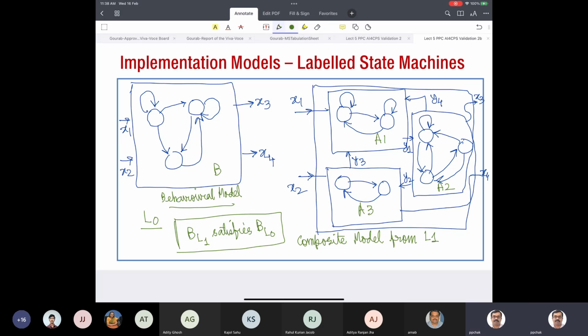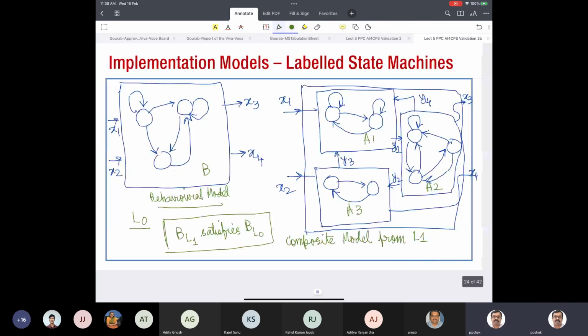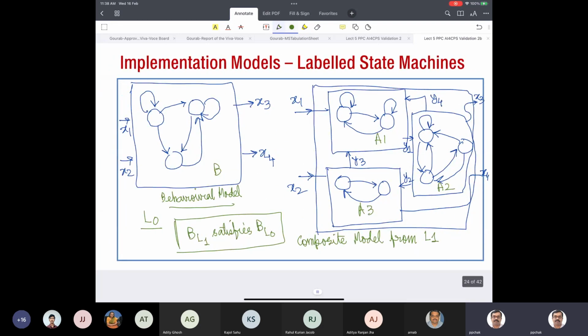Then what is the implementation verification problem? It is to check whether BL0 implies TL0, or BL1 implies TL1.